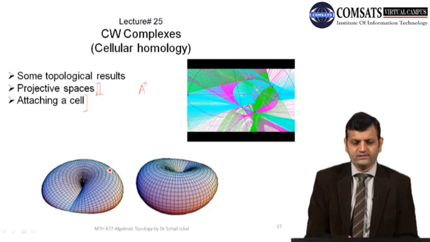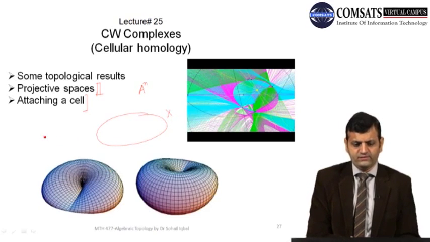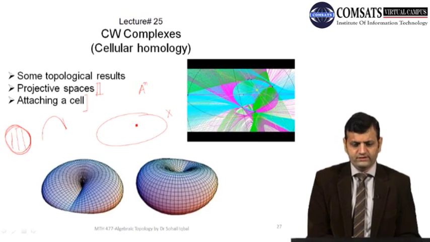Given any topological space X, if we want to attach a cell, for example a disk, to this space X, then I need a map from the boundary of this disk to the space X. Let's say the map takes the boundary of the disk to this part of X. Attaching a cell means taking the boundary and its image and gluing them together.